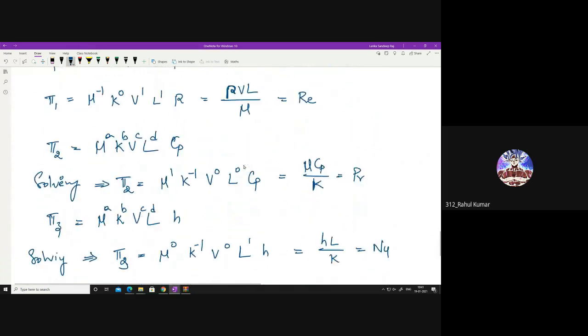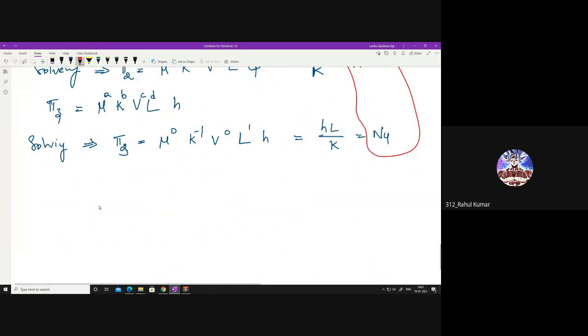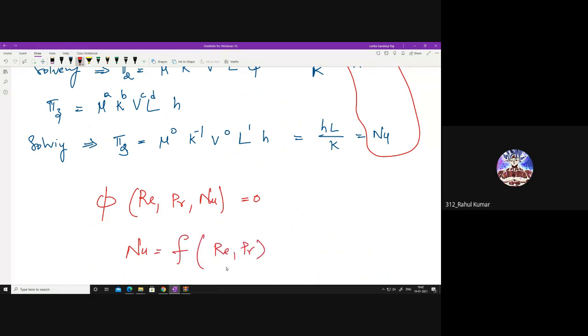They are Reynolds number, Prandtl number, and the Nusselt number. So whatever the case is, it is a function of the Reynolds number, the Prandtl number, and the Nusselt number, which is equal to 0, or you can write it like Nusselt number as a function of Reynolds and the Prandtl.